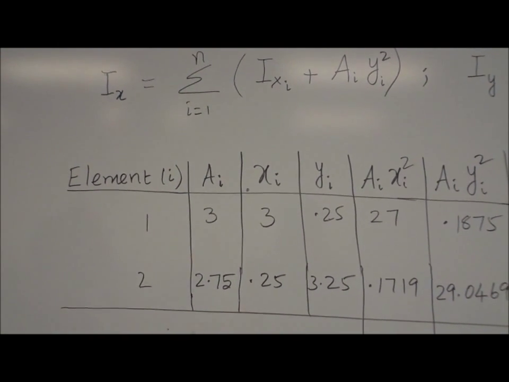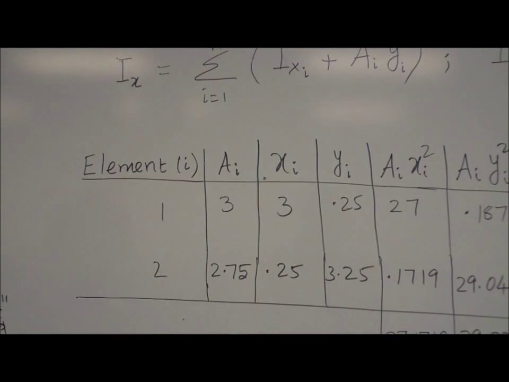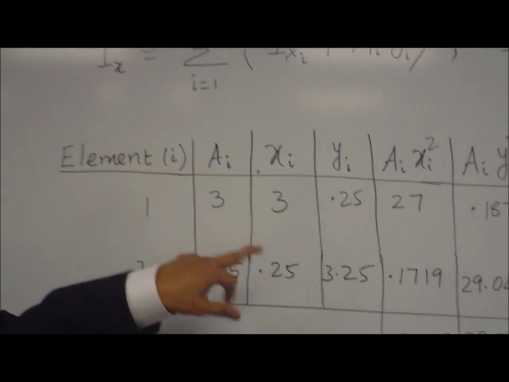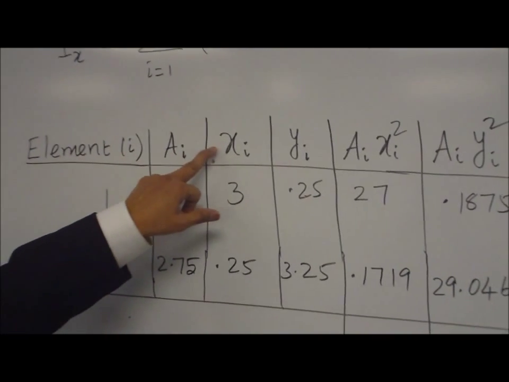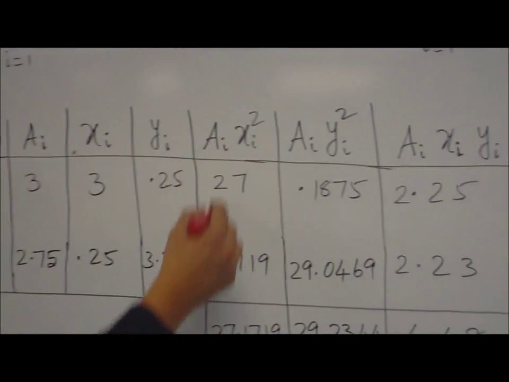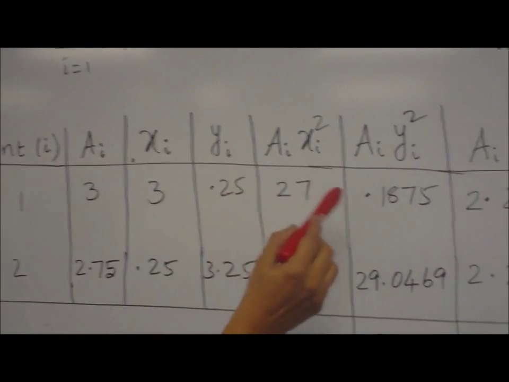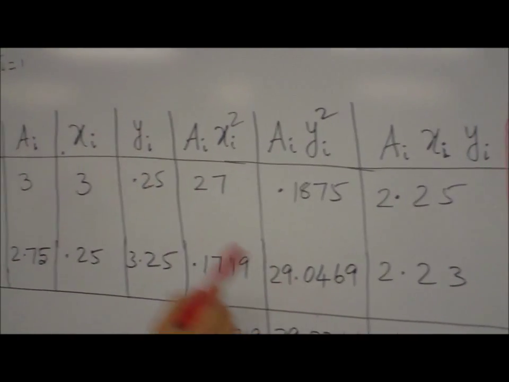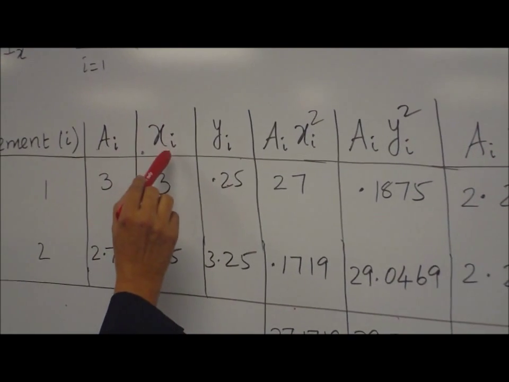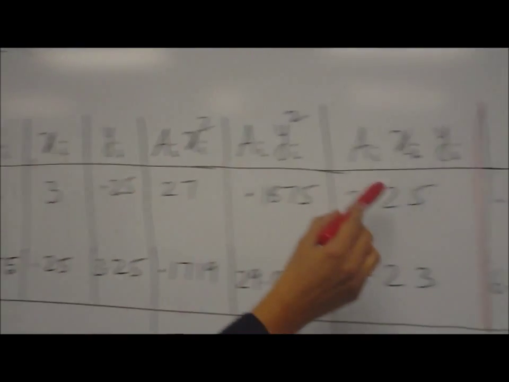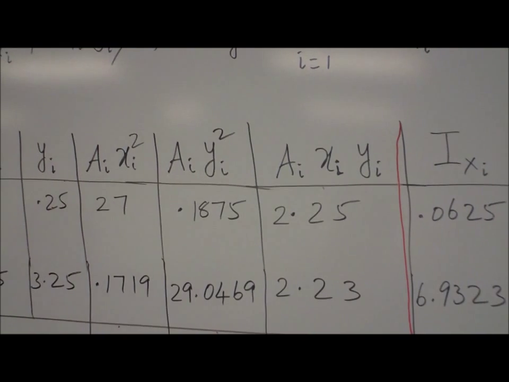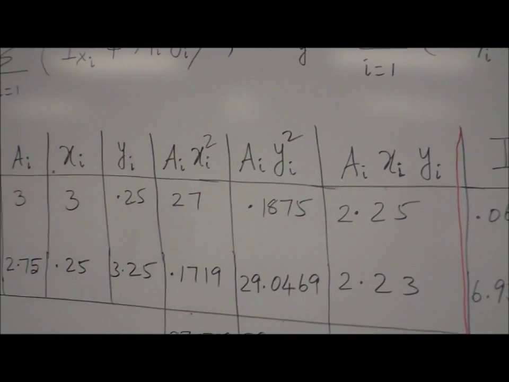Once you have these three columns, the rest of it is simple. You just multiply A i times the square of x i, and you get this column. In the same way, A i times the square of y i gives you this column. Multiply area, x and y, all three columns, and you get this column. So you can simply calculate those values.